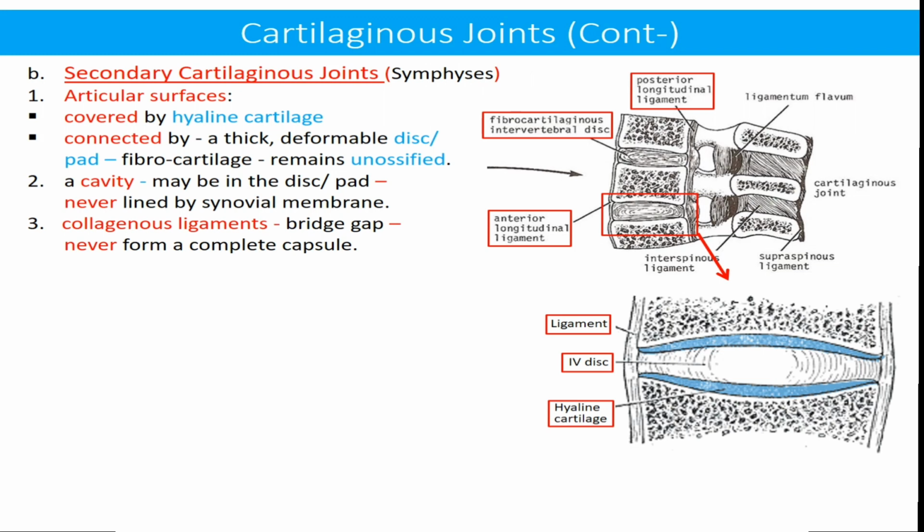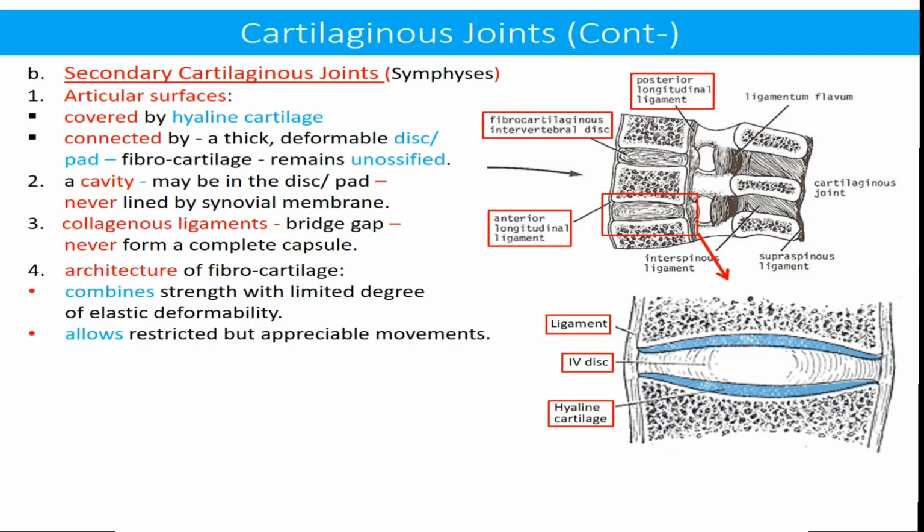A cavity may be present in the disc or the pad, but it is never lined by synovial membrane. The gap between the bones is bridged by collagenous ligaments, which never form a complete capsule.